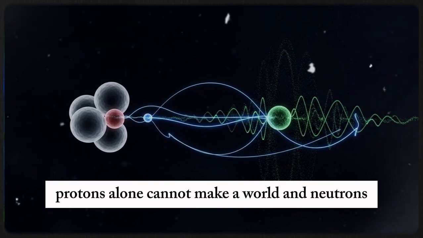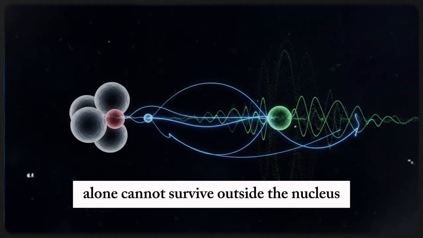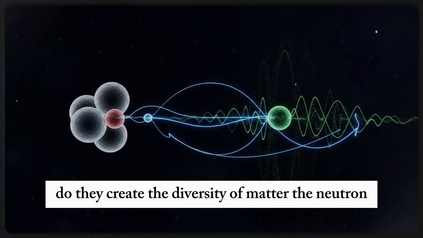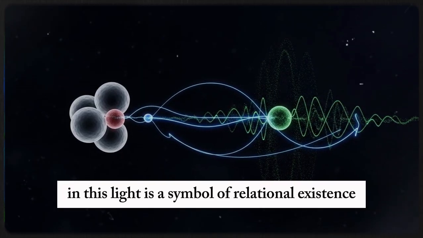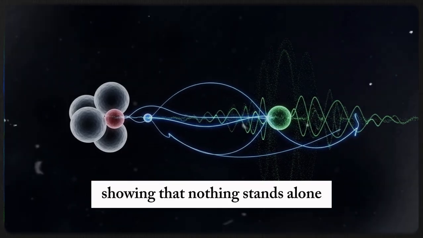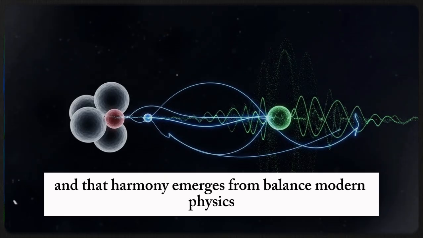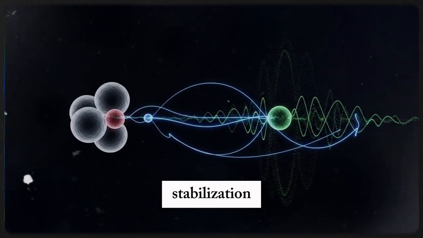Protons alone cannot make a world, and neutrons alone cannot survive outside the nucleus. Only together, in measured proportions, do they create the diversity of matter. The neutron, in this light, is a symbol of relational existence, showing that nothing stands alone and that harmony emerges from balance.